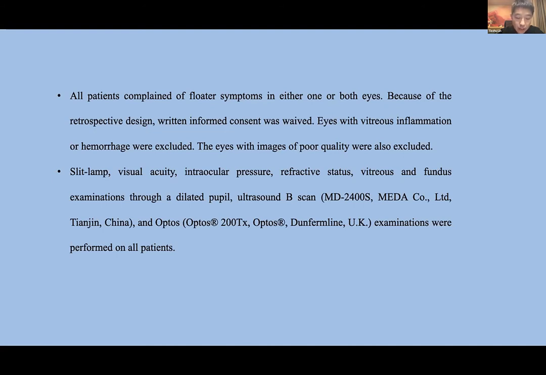Visual acuity, intraocular pressure, and refractive status of the eyes were examined. We used the slit lamp with an indirect lens to check the vitreous and fundus condition through a dilated pupil. The results were combined with ultrasound scan to make sure the vitreous floater exists. All the patients underwent Optos imaging.